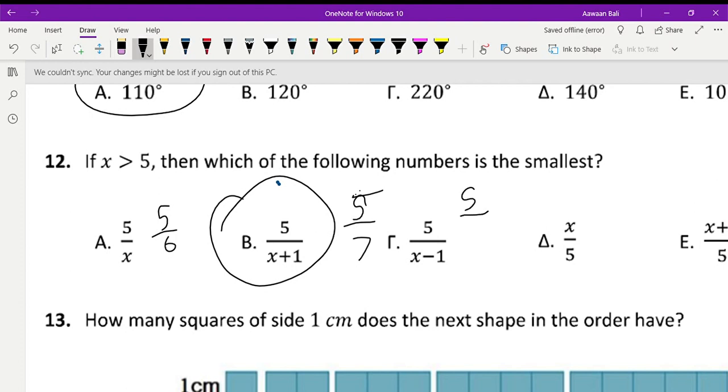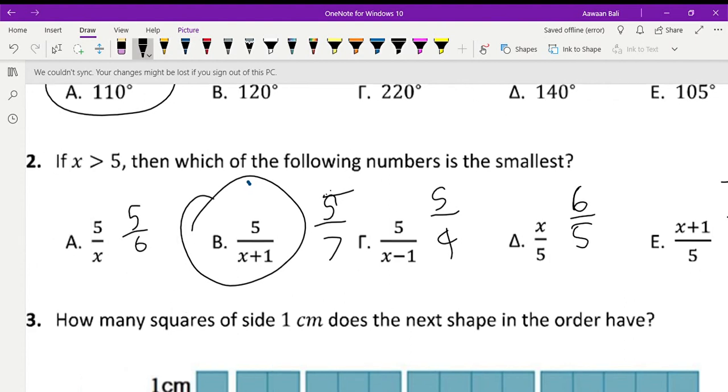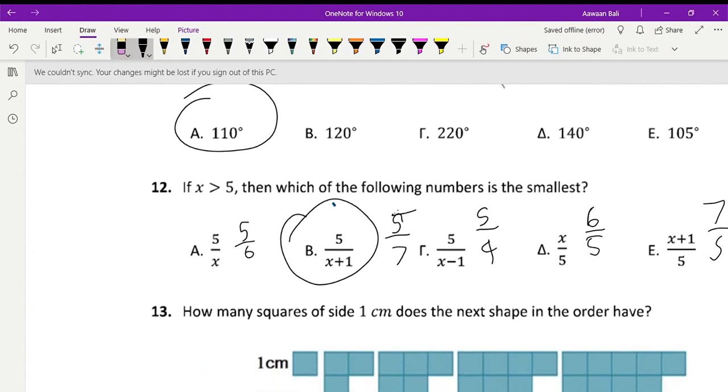This is even bigger than the first option. Gamma is even bigger than alpha because now the denominator's number has decreased. Here it's 6 upon 5, which is even bigger. And then we have 7 upon 5, which is even bigger. So therefore the answer is Vita, 5 upon x plus 1.